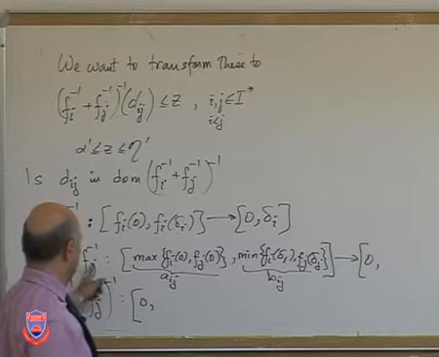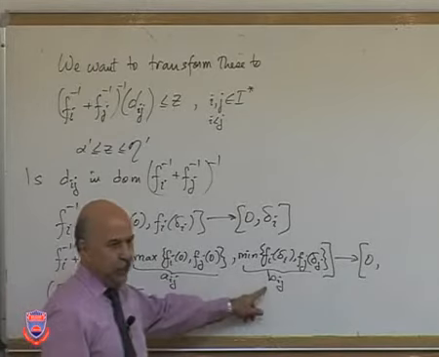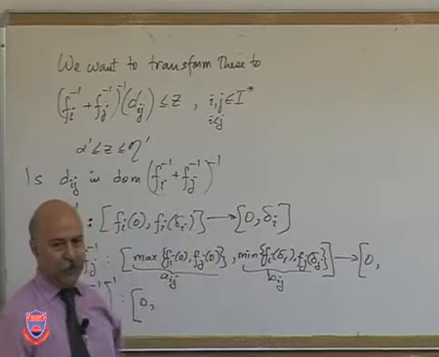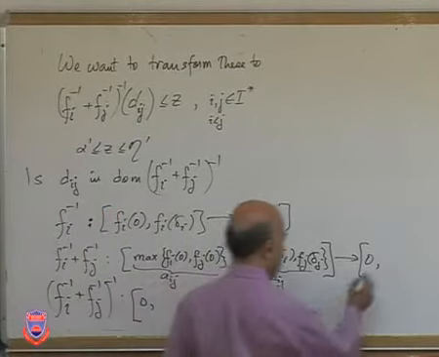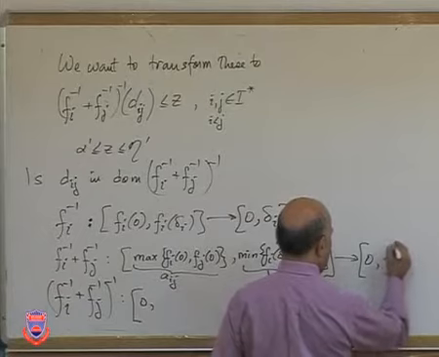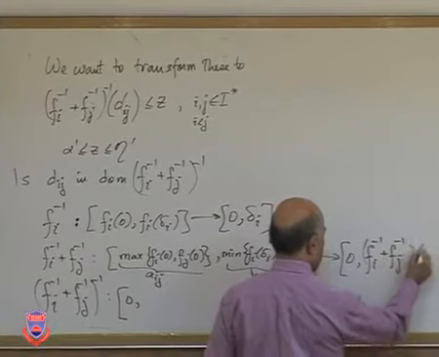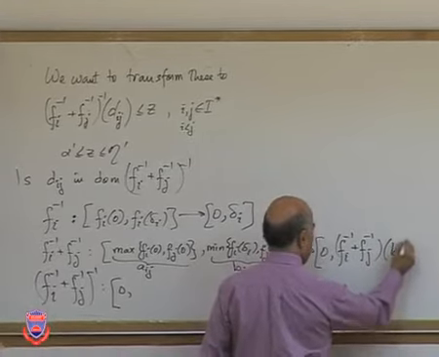Well, when you evaluate this at the highest value, which is Bij, whatever that is, we can figure it out later, okay? But it's certainly going to be Fi plus Fj inverse evaluated at Bij.